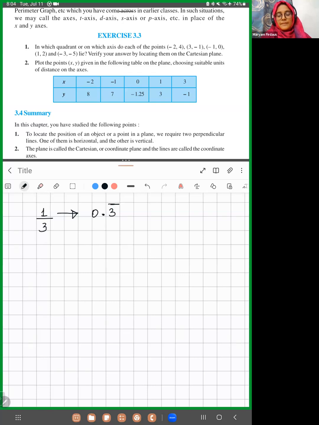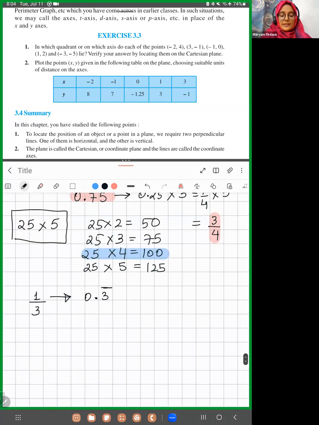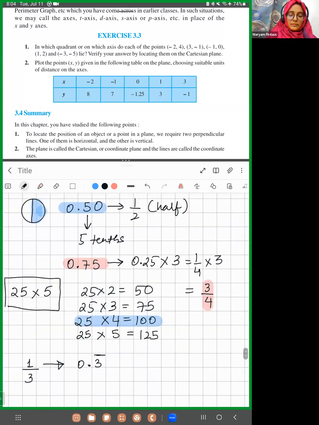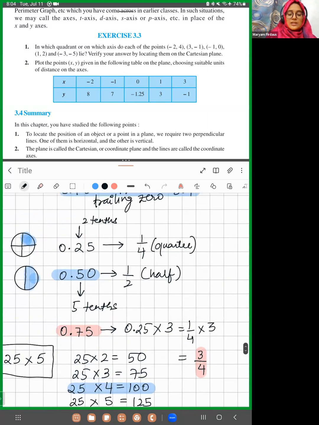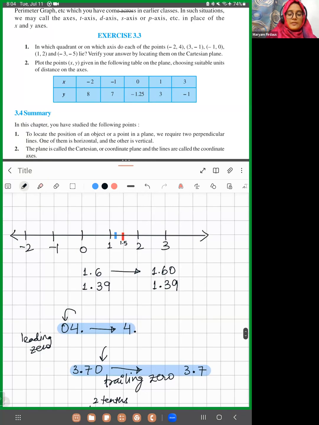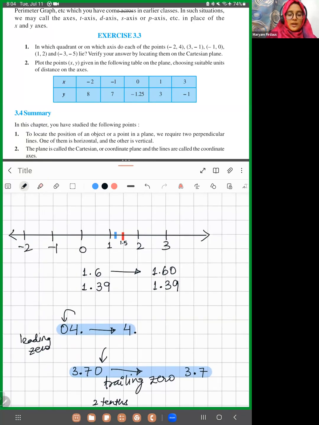Whereas 0.75 is not repeating, it's terminating. Anyway, that's about decimals. But now let's come to where we started. How is 1.25 smaller than 1.5? Did you get it now, Abdul Rahman?